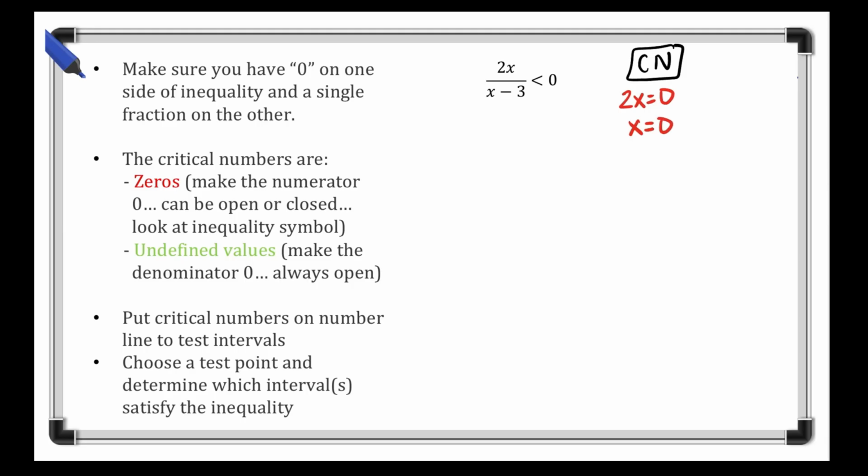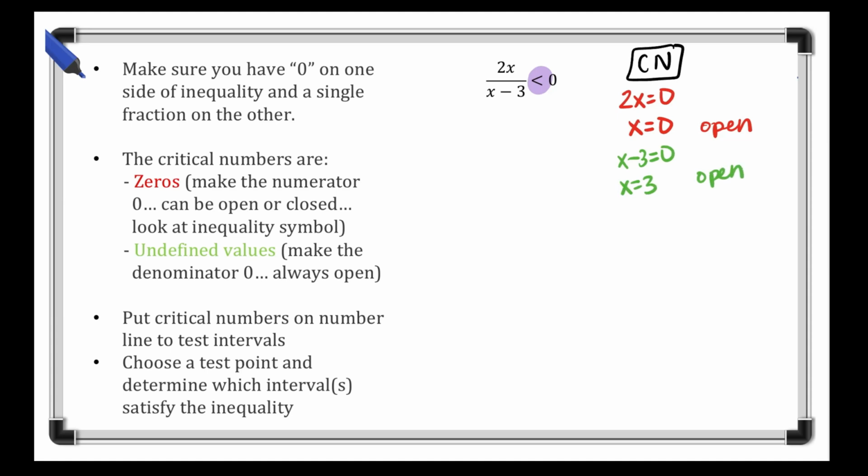Now this can be either open or closed, and that depends on your inequality symbol. So because this is just a less than, this one's going to be an open circle. It's not equal to. And you're also going to look at your undefined value. So that makes your denominator 0. So x would be 3.